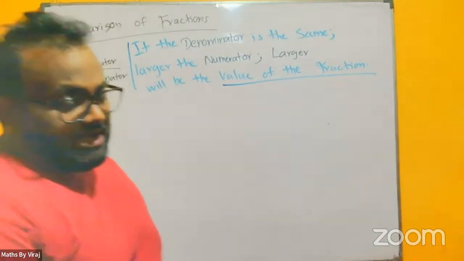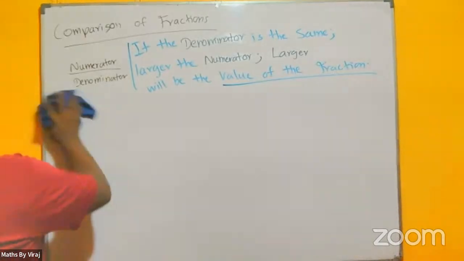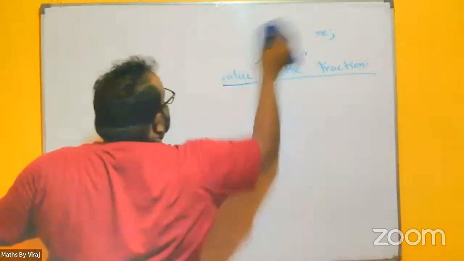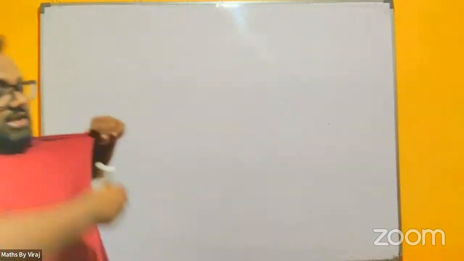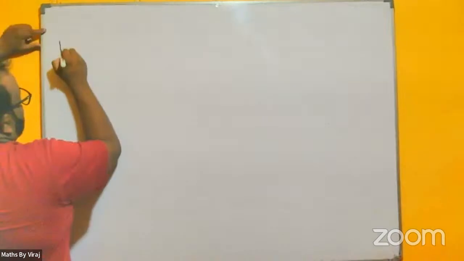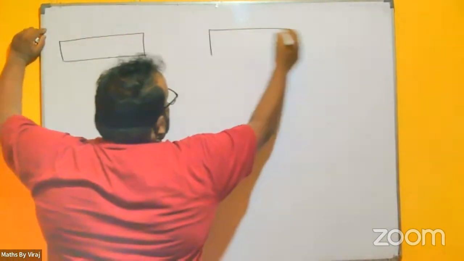Right. Now, I would like to ask a small question from you guys. Okay, now look at the board, all of you children. This is a very simple question, right? Look at this. Now understand this clearly. I have two, again, slabs of chocolate.